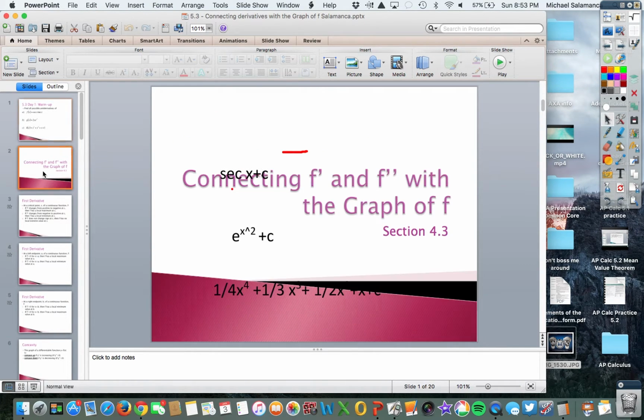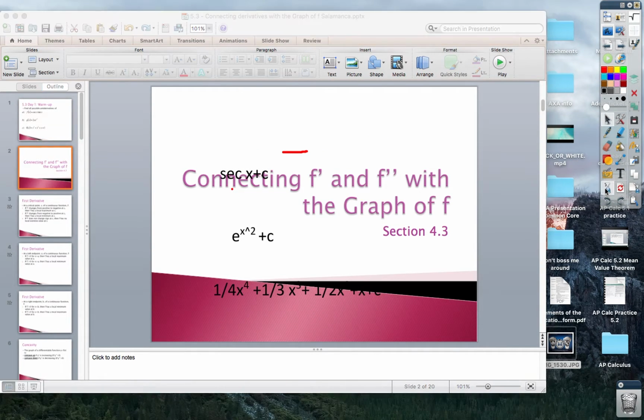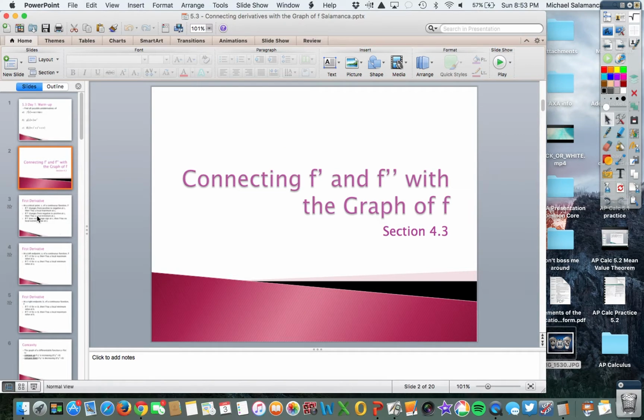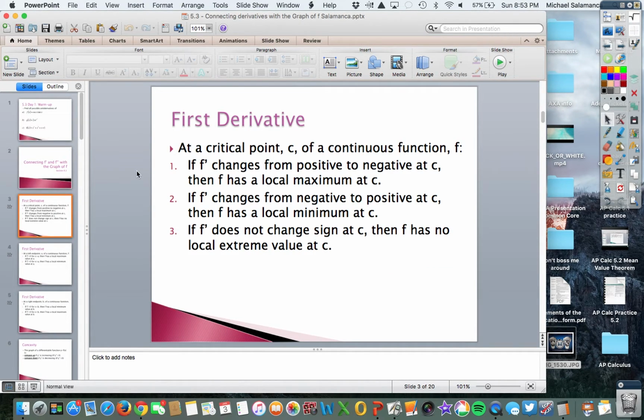So again, we're going over connecting f and f prime with a graph. And we know that the first derivative, if we take it at a critical point c of a continuous function f, does 3 things. 1, if f prime changes from positive to negative at c, then f has a local maximum at c.